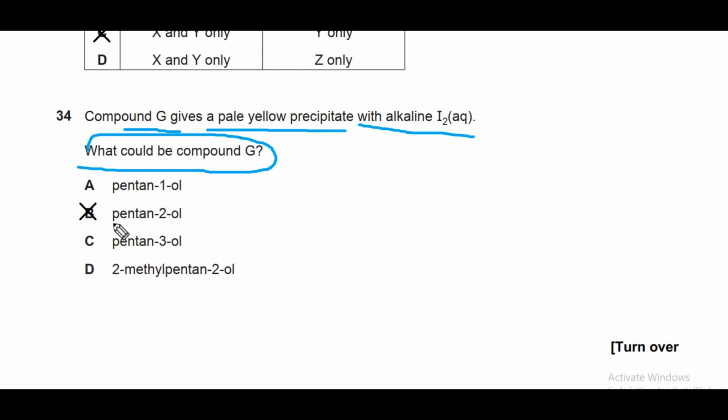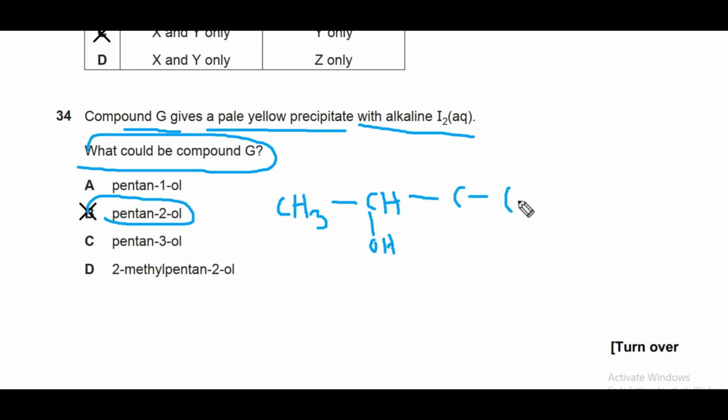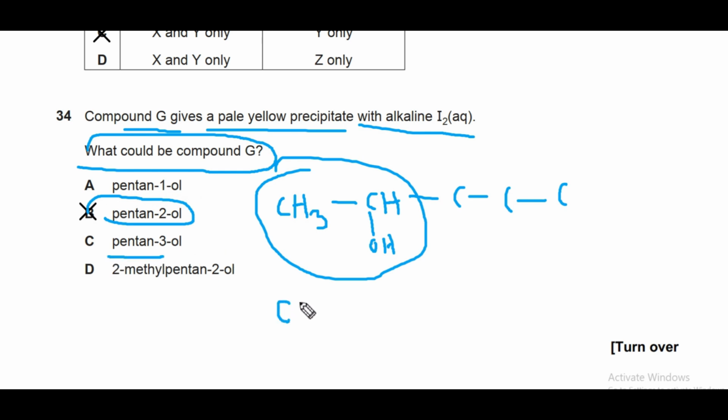And you know this is pentan-2-ol, because pentan-2-ol is a secondary alcohol with the group CH3CHOH. So the compound which has the secondary alcohol group CH3CHOH will give the iodoform test. Pentan-3-ol will not give this test. Pentan-3-ol has no CH3 group next to it.